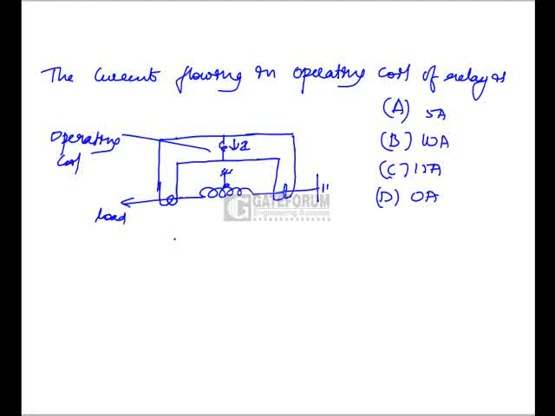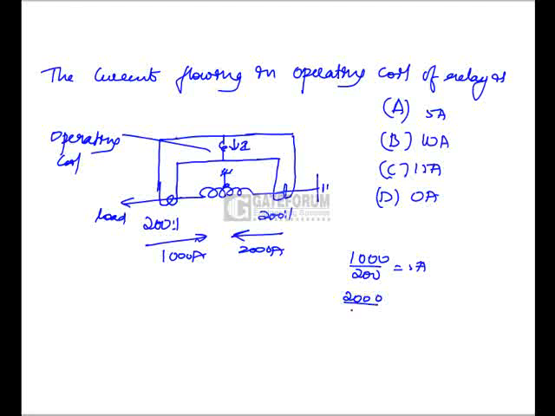Operating coil of the relay: in this relay, the operating coil is this one, and the current flowing through it is I. He has given the transformation ratio of this current transformer as 200:1. The current flowing from this side is 1000 amperes, whereas from this side it is 2000 amperes. So 1000 by 200 is 5 amperes, whereas 2000 by 200 is 10 amperes.